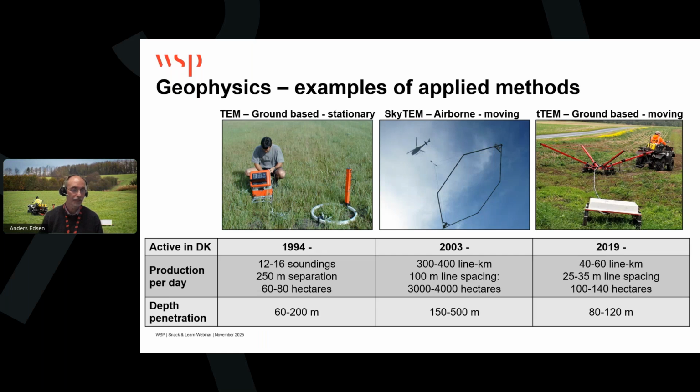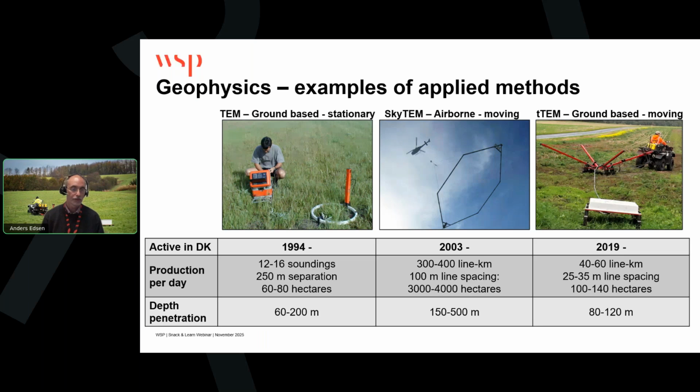It has a production of 12 to 16 soundings per day, applied with 200-meter separation of each sounding. In a day you could cover something like 60 to 80 hectares. Depth penetration, depending on geology and which layout you use, is between 60 and 200 meters.